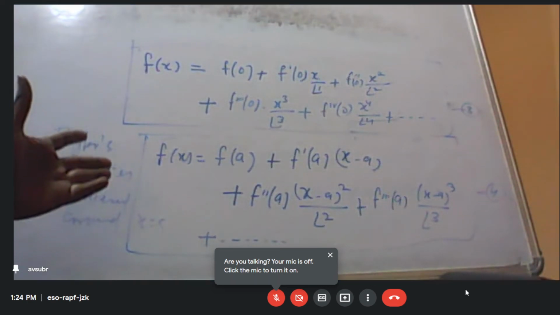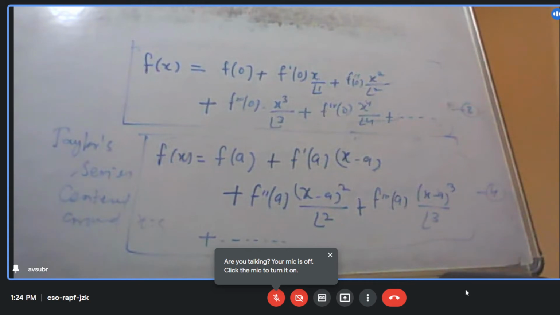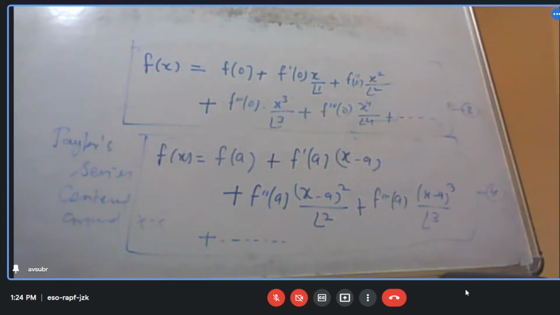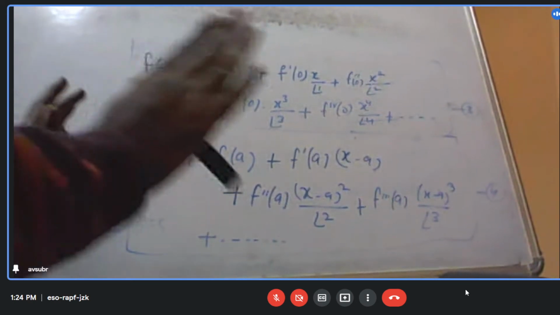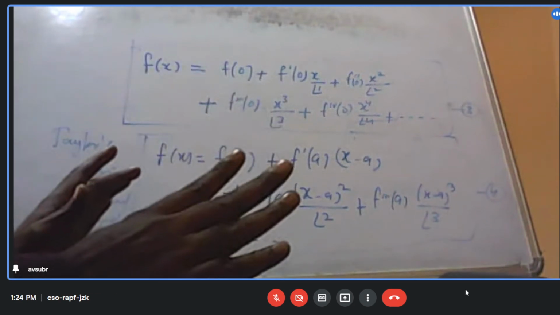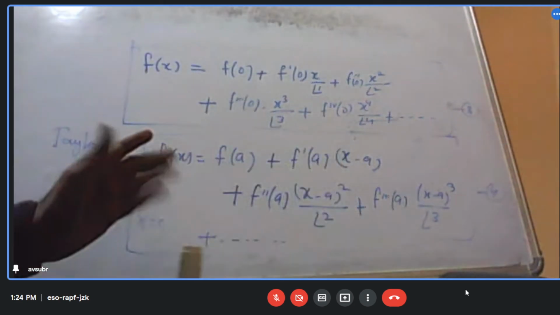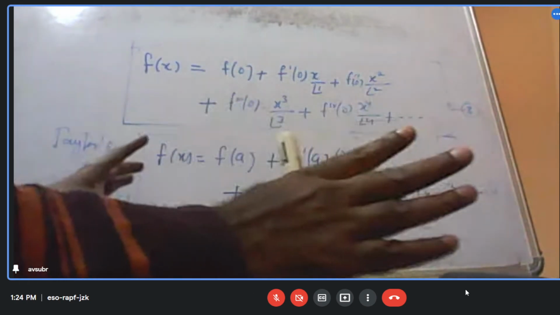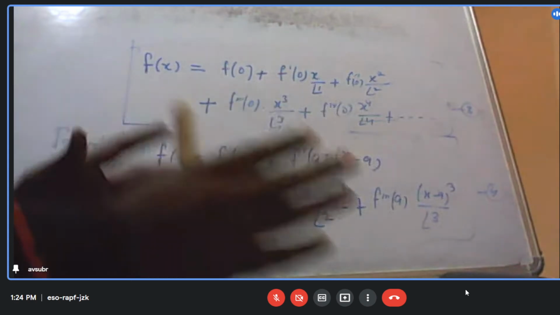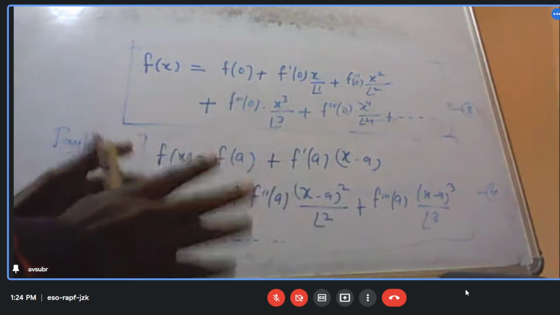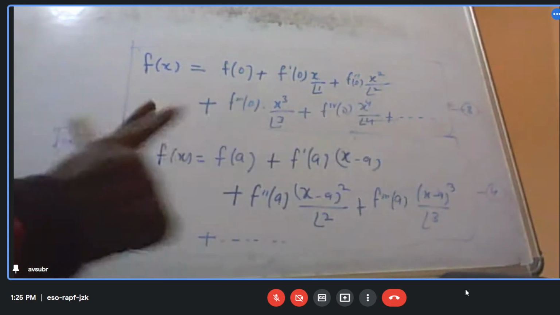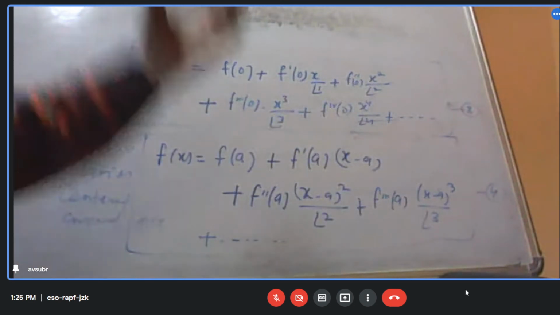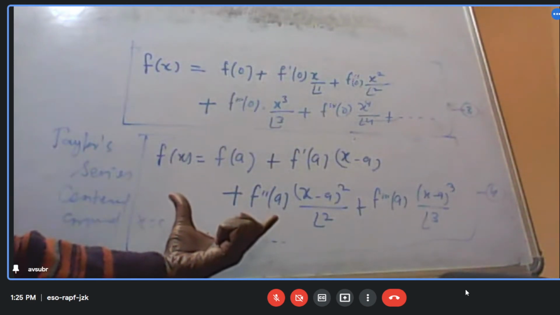And one more thing I would like to emphasize, which we should always remember: I have considered a bound over here, that a given limit is there, plus minus a, plus minus b. So some limit is there. Within that range, we are talking about this.